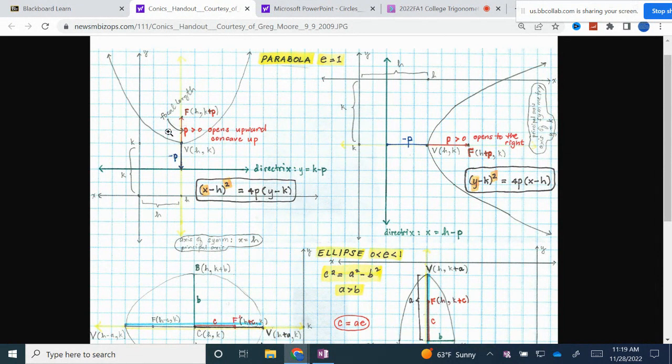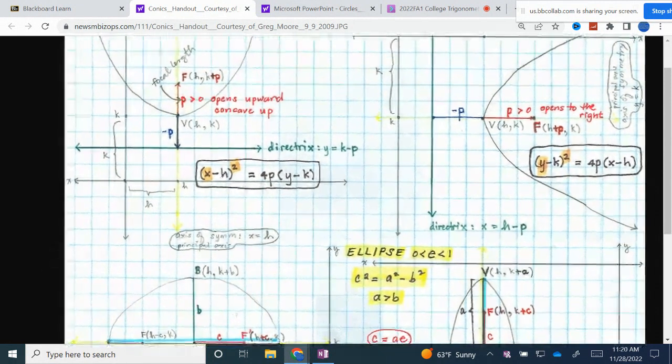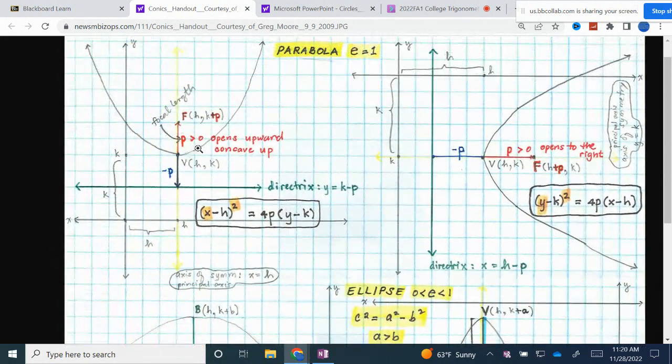Since we have the vertex, which is something other than 0, 0, we have to account for that. So notice that the vertex for this model form is h, k. The focus has the formula h, k plus p.